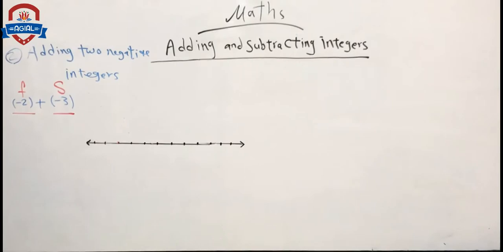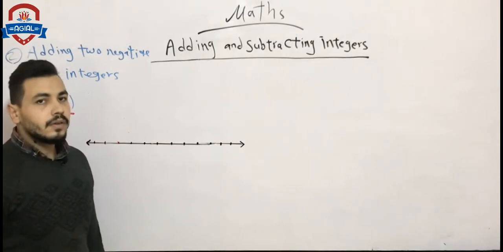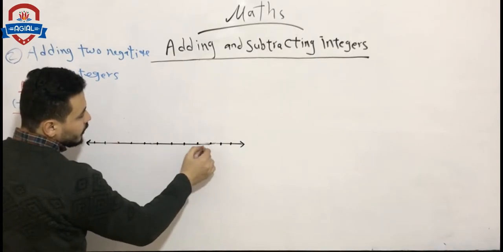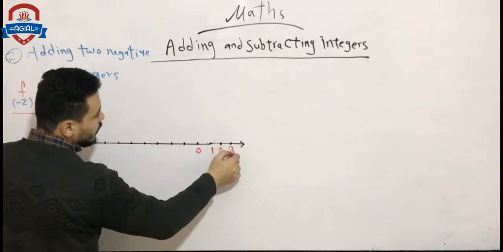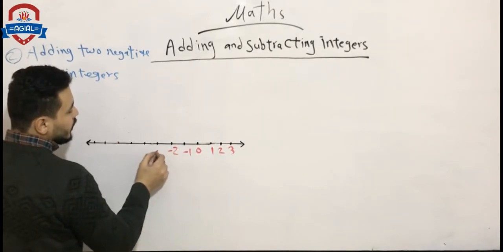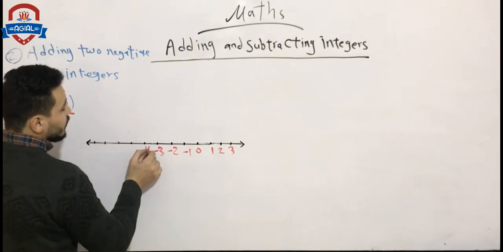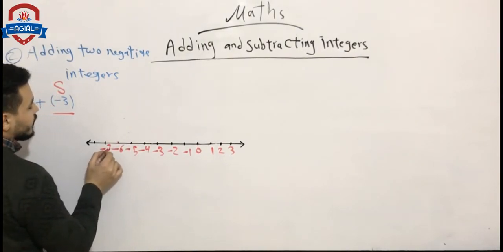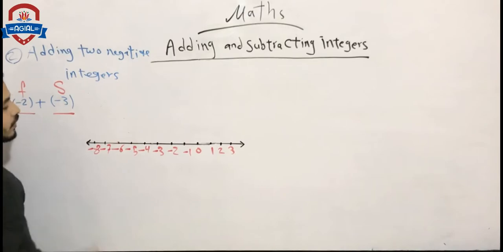And now we represent the set of integers on the number line. We have here 0 and to the right we have 1, 2, 3 and so on. We have to the left -1, -2, -3, -4, -5, -6, -7, -8 and so on.